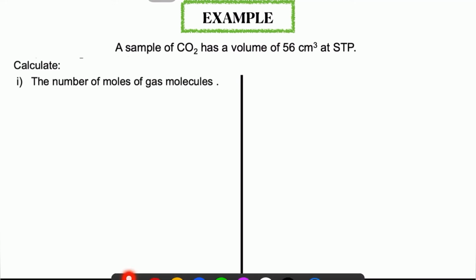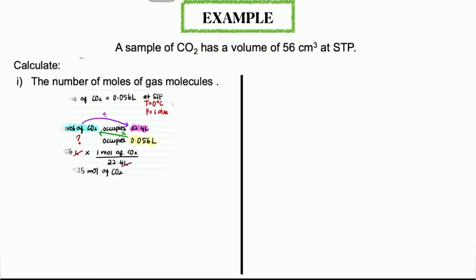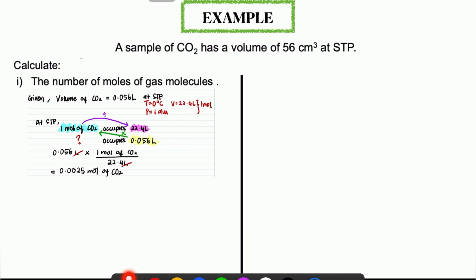The first question asks you to calculate the number of moles of the gas molecule. Using the information given, the volume of carbon dioxide, I already converted into liters, 0.056 liter. At STP, we know that 1 mole of carbon dioxide occupies 22.4 liters.